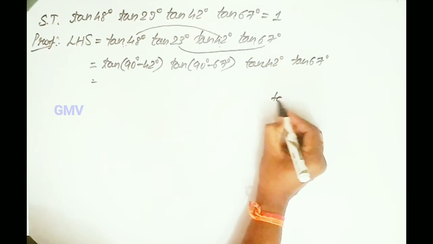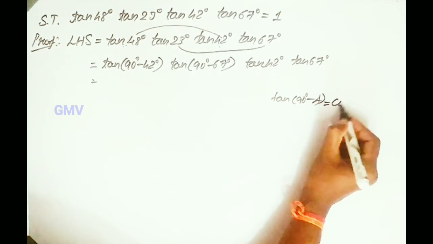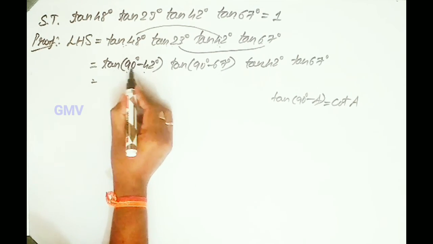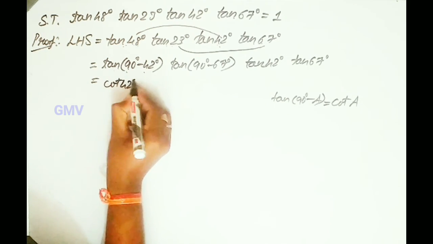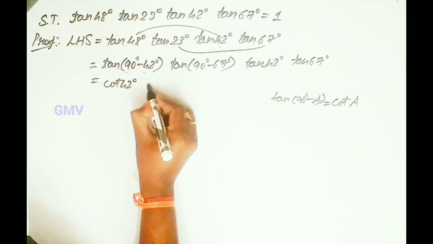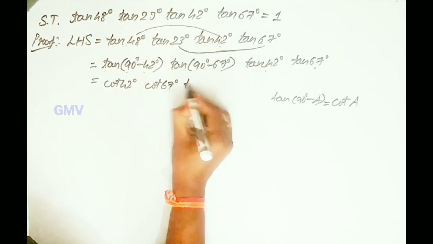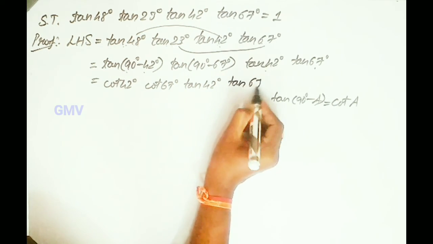We know that tan (90 degrees minus A) is equal to cot A. So tan (90 degrees minus 42 degrees) can be written as cot 42 degrees. Similarly, tan (90 degrees minus 67 degrees) can be written as cot 67 degrees, and these two will be written as it is, tan 42 degrees and tan 67 degrees.